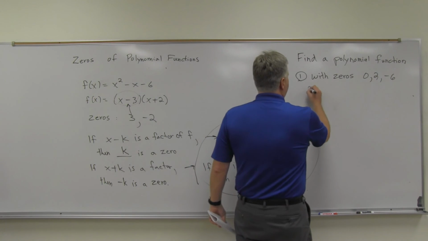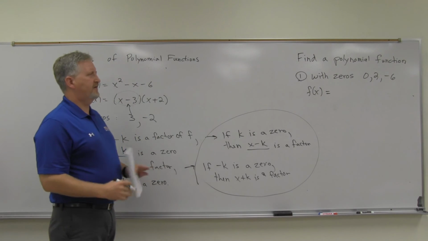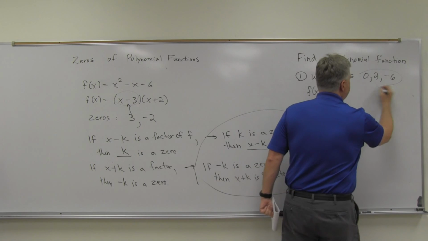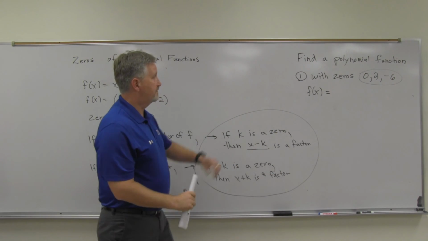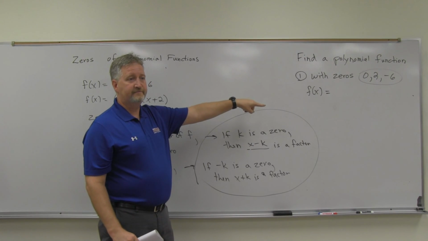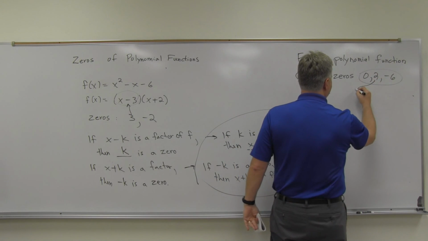All right. So, 0, 2, and negative 6. Let's start with the 2 here. So what these give me are the factors, right? If those are zeros, then don't I know the factors of this polynomial function? Okay. Let's start with the 2.